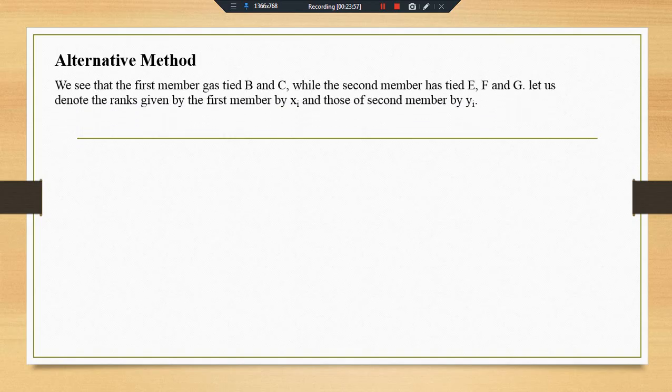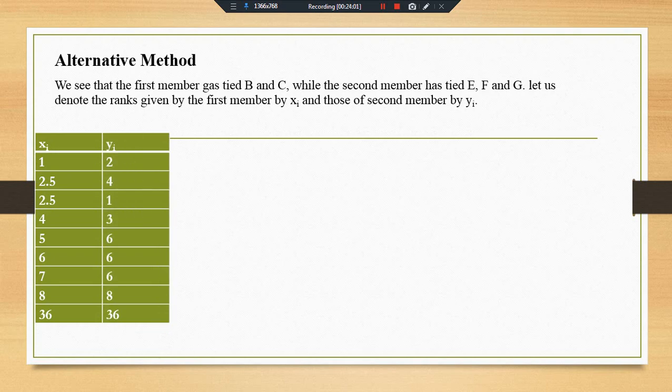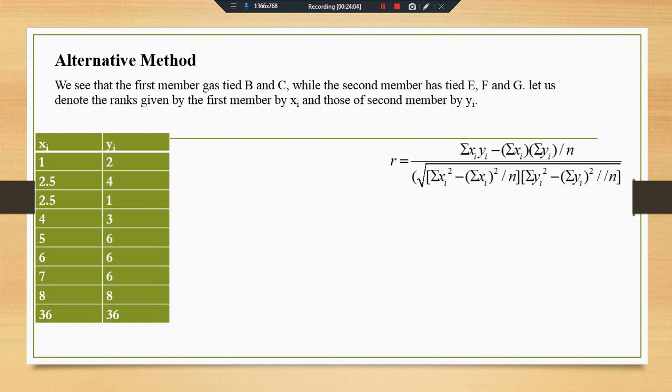Here we have data, and the formula for finding the rank order correlation for the ties is r equal to summation xi yi minus summation xi summation yi divided by n, over the square root of summation xi square minus summation xi whole square divided by n, times summation yi square minus summation yi whole square divided by n.